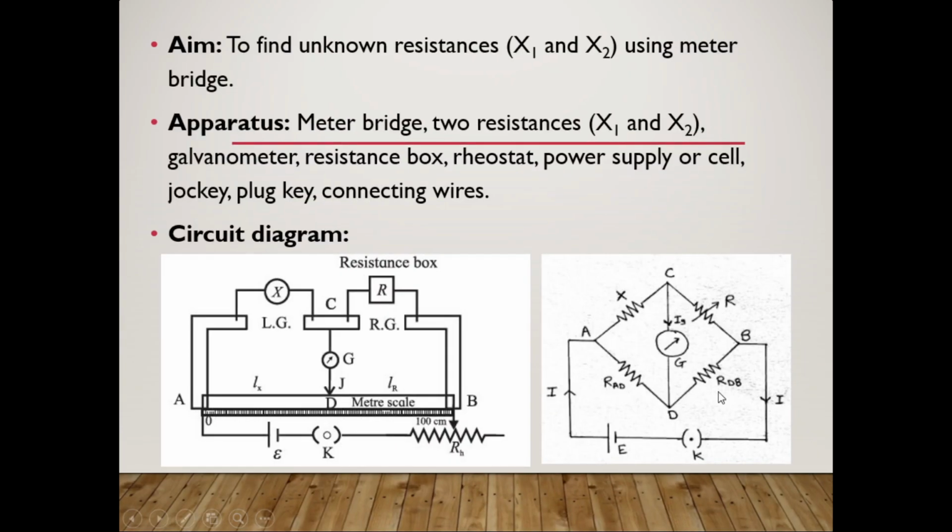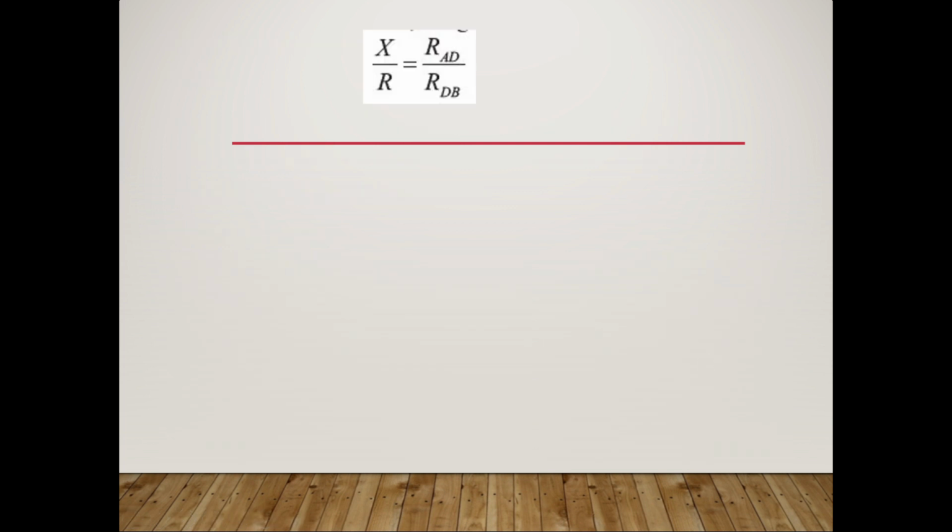So from the Wheatstone's network we get the balancing condition: X upon R is equal to RAD upon RDB. RAD and RDB are the resistance of the wire of length AD and the resistance of the wire of length DB respectively.